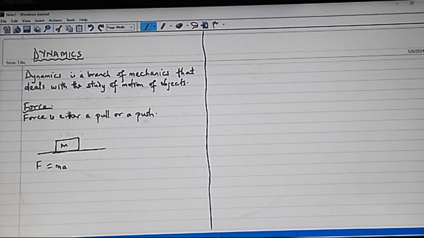I'm just going to state the first law, and I'm going to write it on the screen. That first law states that an object at rest will remain at rest, while an object in motion will remain in that motion with a constant velocity unless it is acted upon by an external force.